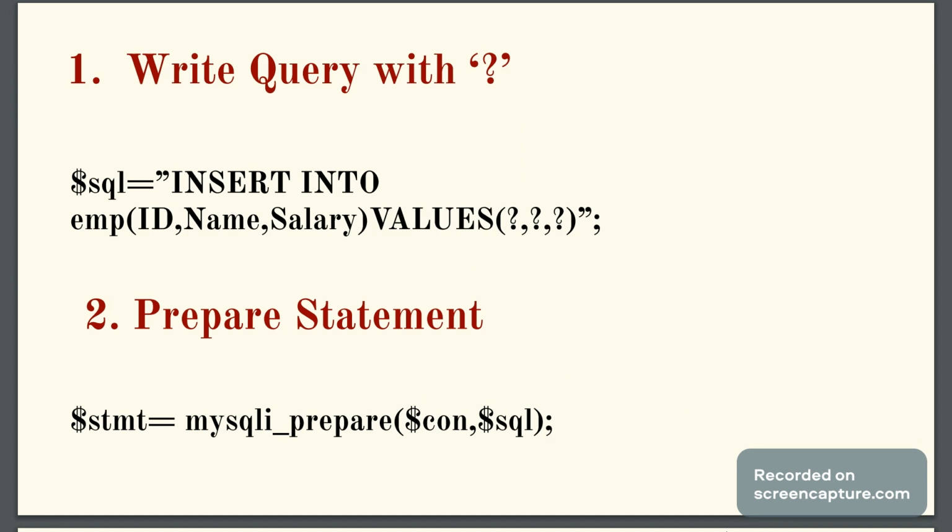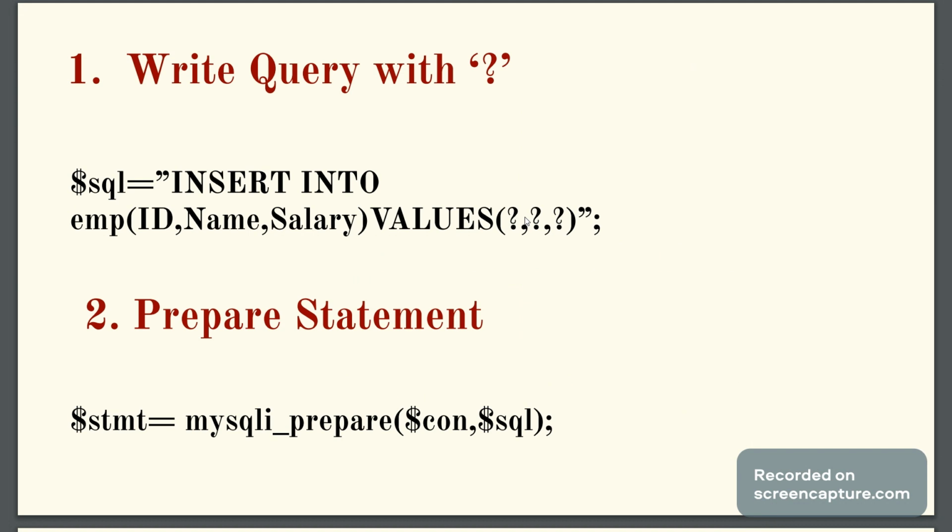For using the prepared statement methodology, we have to write the query with question marks. So how can we write it? In one variable, we will write insert into table name, column names, values, and the values which will be changing for every employee record.